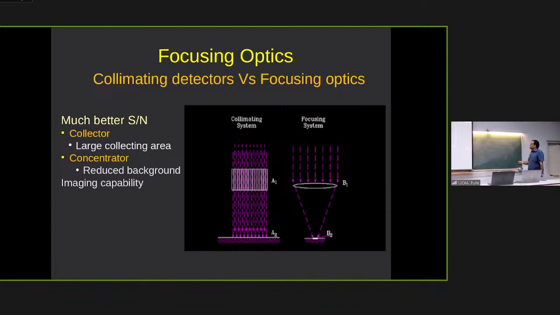When you are using optics, you can image, and therefore you can distinguish different sources. In a given field of view you can have hundreds of sources, but if you have fantastic resolution and imaging quality like the Chandra X-ray telescope has, you can study individual sources, and you can simultaneously measure the background as well, because the high energy background is also variable. If you are not measuring the background simultaneously, there can be a lot of uncertainties.